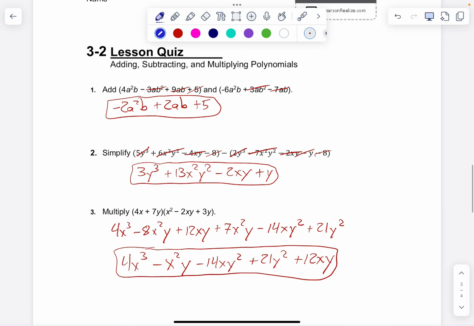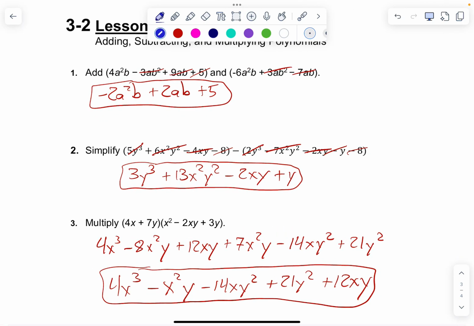So these ones we're just adding, subtracting, or multiplying. So negative 2a squared b plus 2ab plus 5 on that first one. I'll just leave it up here for a second while you look. Do a half a point per term, meaning half point, half point, half point.